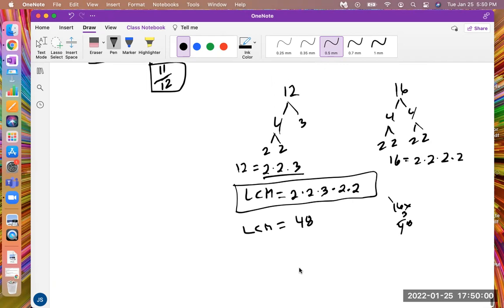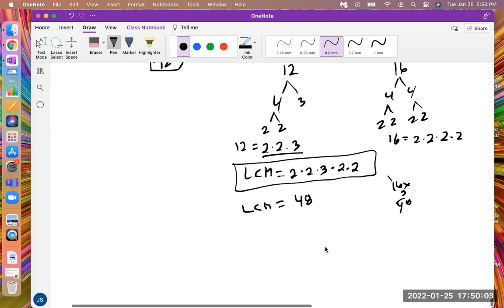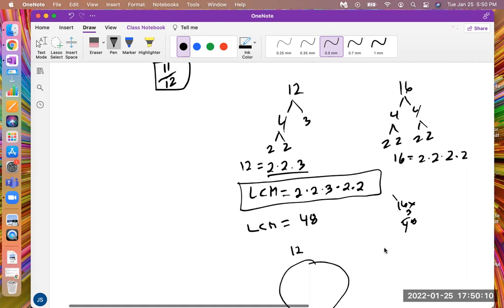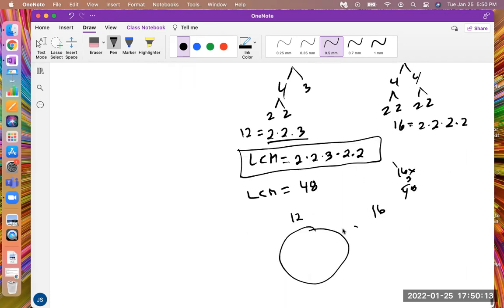I've seen other teachers who put the prime factors of 12 here, and the prime factors of 16 over here. The numbers that they're sharing, like the 2 2s, they both have 2 2s, they put in the center area of the Venn diagram. Then there's a 3 over here, and there's 2 more 2s over here. And now they just write down all of this.